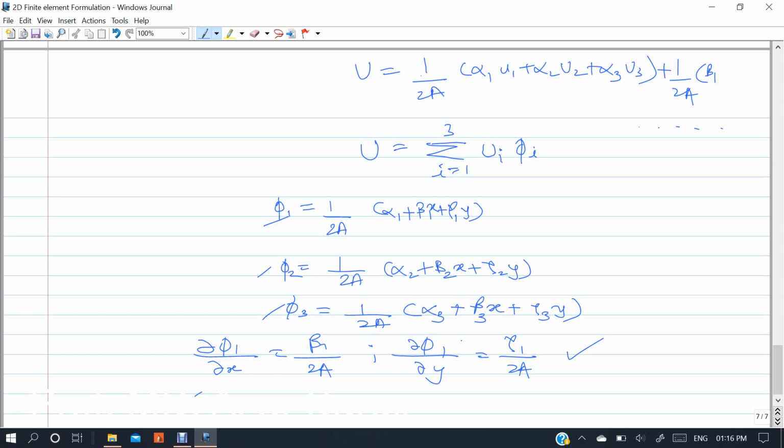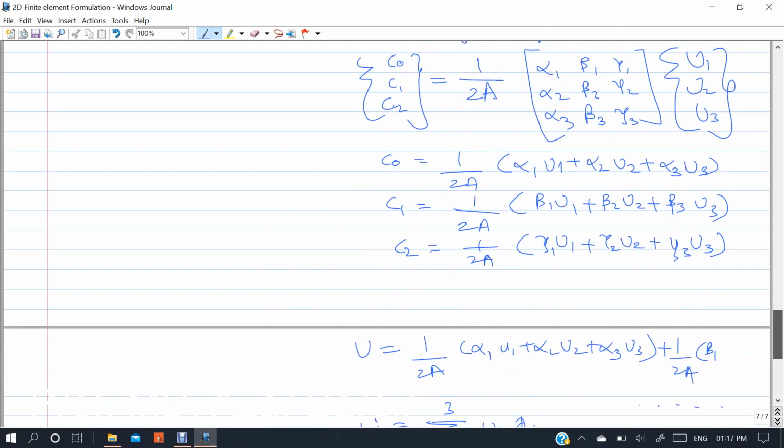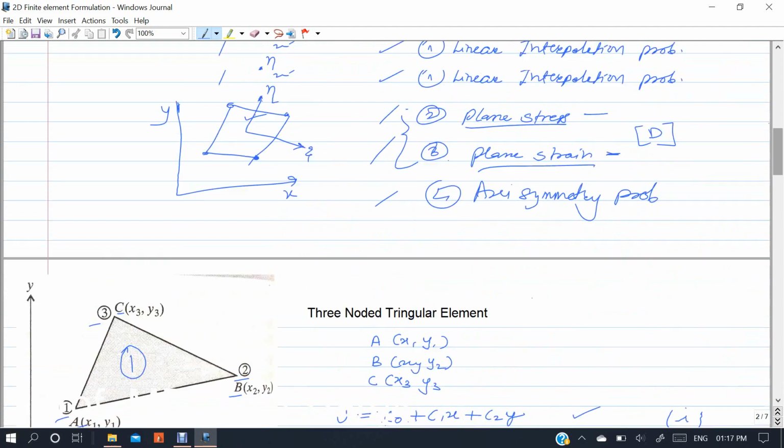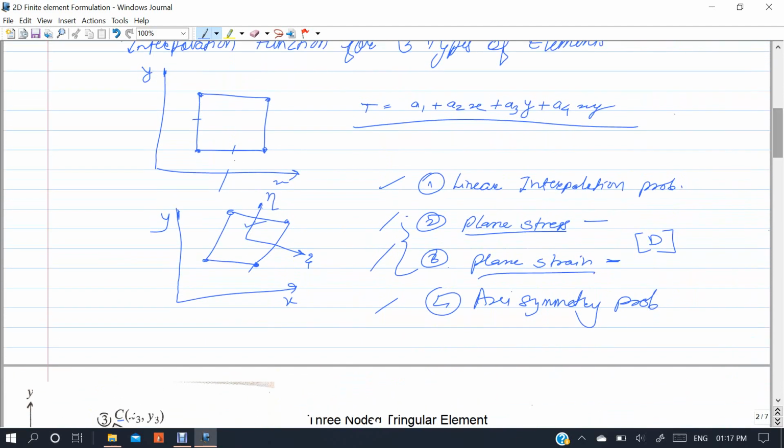Okay, and when plane elastic problems are asked, then you have to go for the constant strain triangular element system. What is the CST system, we will cover after finishing your first type, that is the linear interpolation problem. After this we are going to plane stress and plane strain.